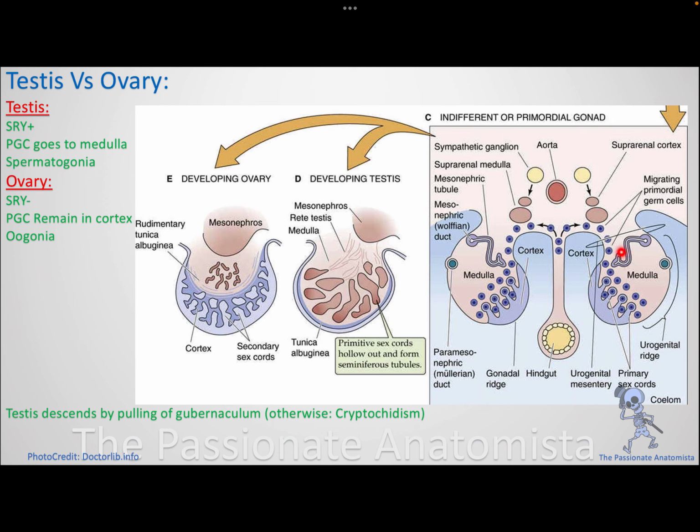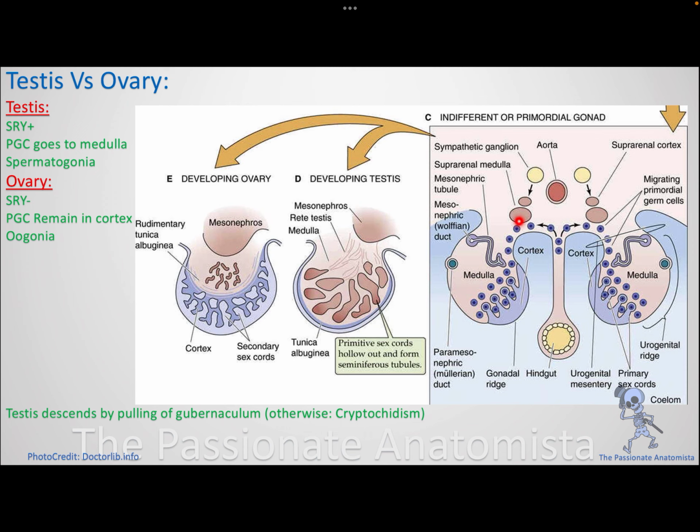And remember that the mesonephric duct is going to help in the formation of the tubular system in male, and it's not going to give you anything in female. And laterally you will have the paramesonephric ducts, and this is on the lateral aspects.